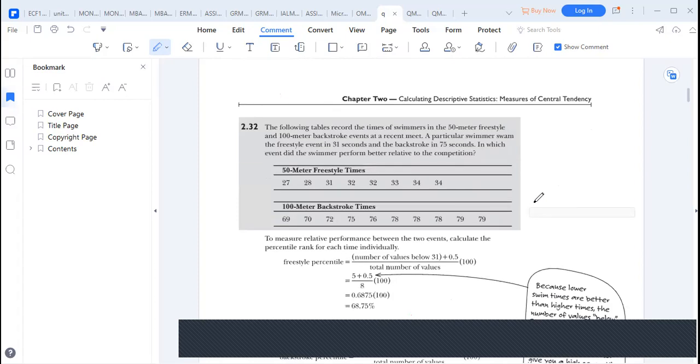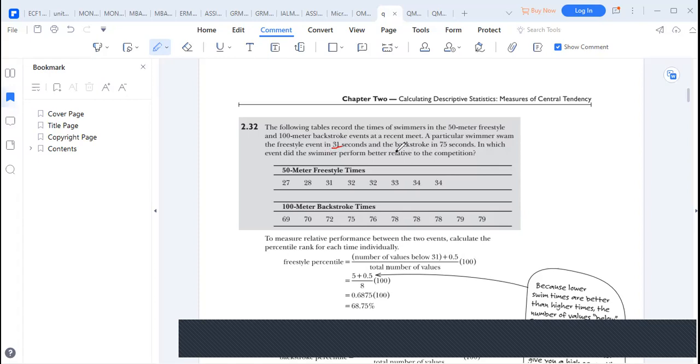So this question is very cardinal. We'll look at the exam question which came because most of the questions come from here. So here we are also asked that we have a record of swimmers in a 50-meter and 100-meter backstroke event. So we are told that a particular swimmer swam freestyle in an event with 31 seconds, and backstroke, 75.